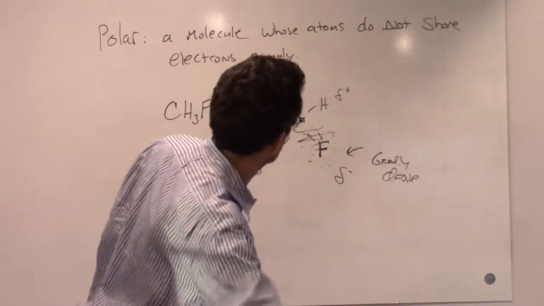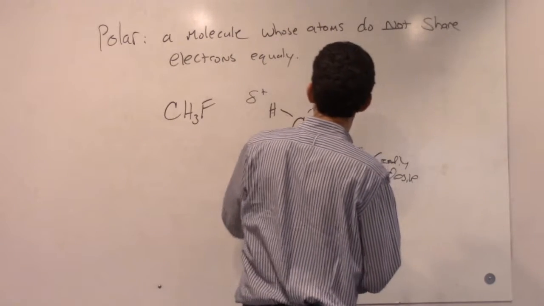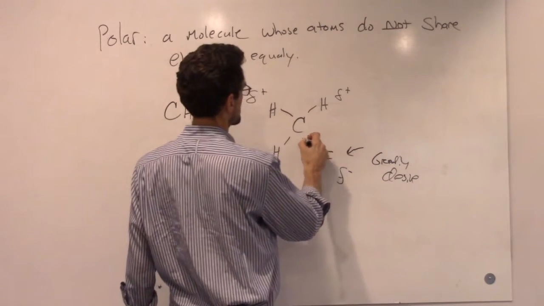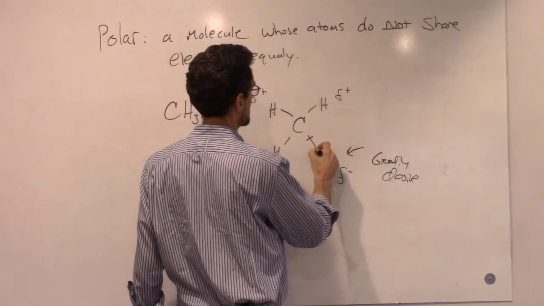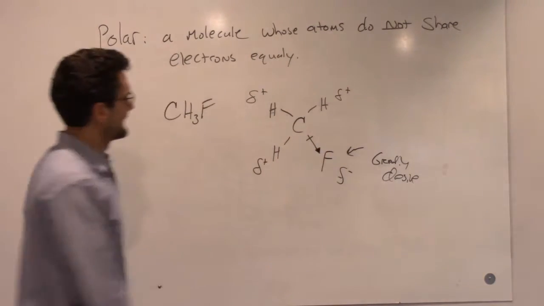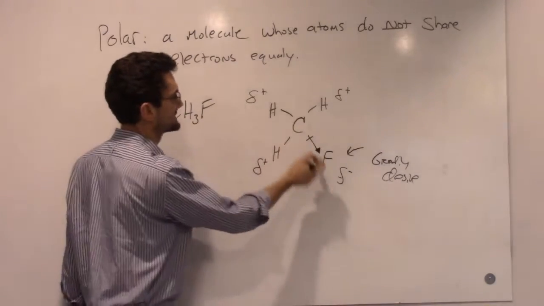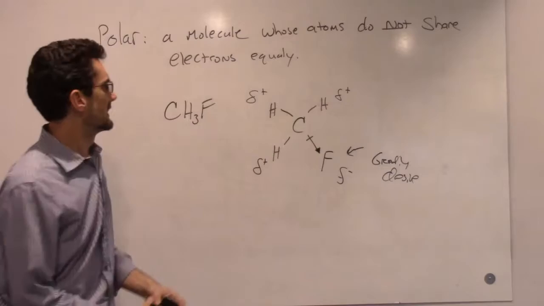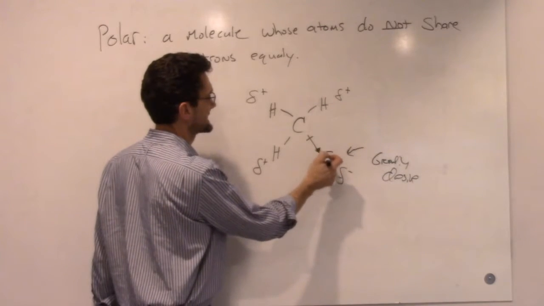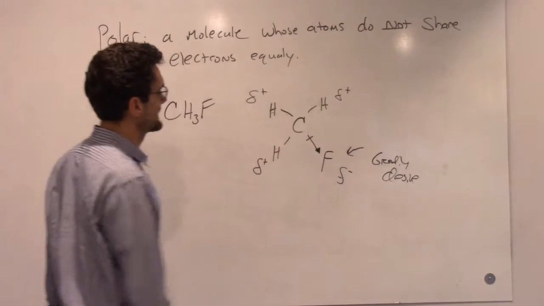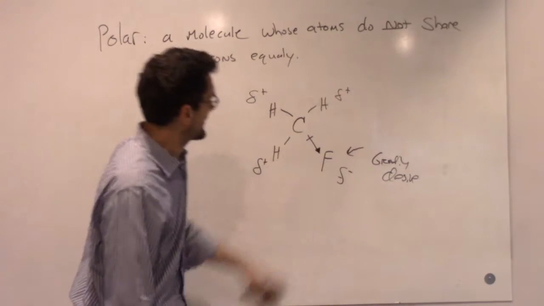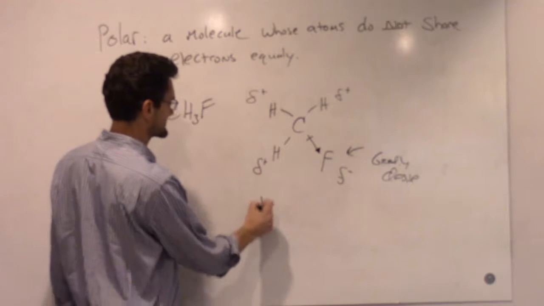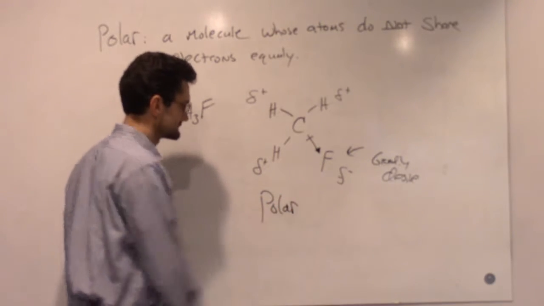This is a polar molecule. We have another way of expressing that, and that's doing this little arrow thing here, which I really can't stand. That little arrow just points in the direction the electrons are most likely to go. So they point towards the fluorine, saying fluorine is a really electronegative atom, and the electrons are going to spend most of their time down here. So this would be an example of a polar molecule.